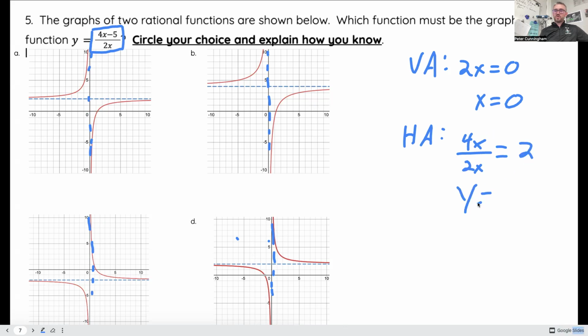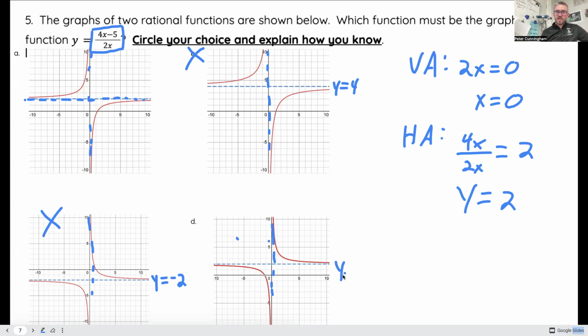So go to y equals 2 and see which of these have a horizontal asymptote at y equals 2. The first one does. Second one looks like y equals 4. Not here. Third one looks like y equals -2. No good.